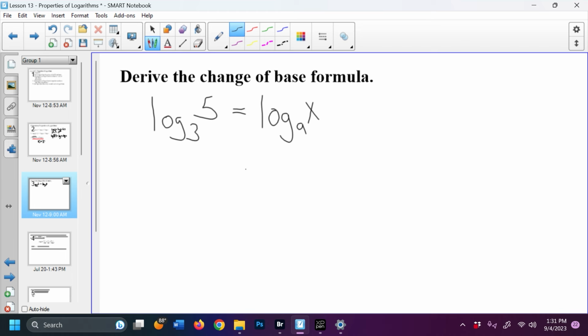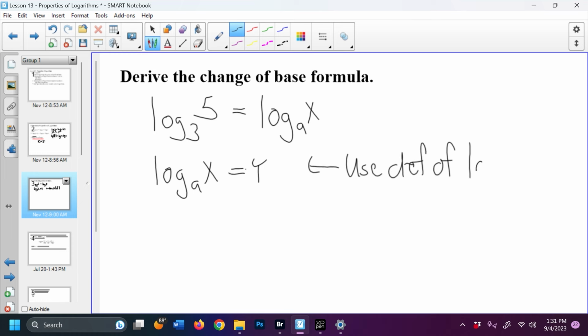We can take this log base a of x and set it equal to y, and then use the definition of logarithm and rewrite it. So we'll go a to the y is equal to x. And remember, we're solving for y.